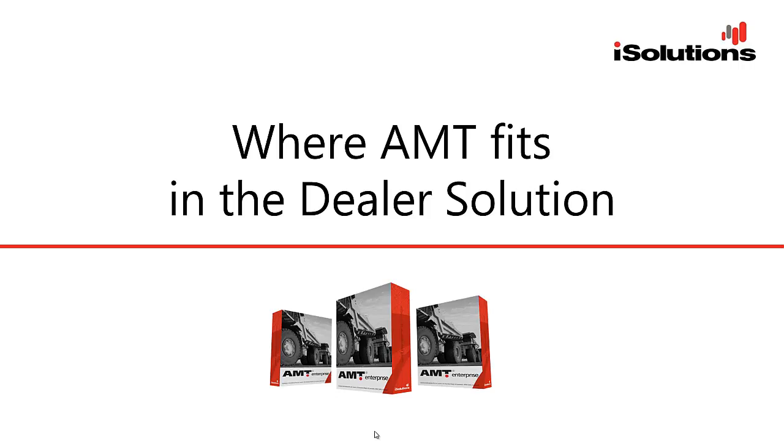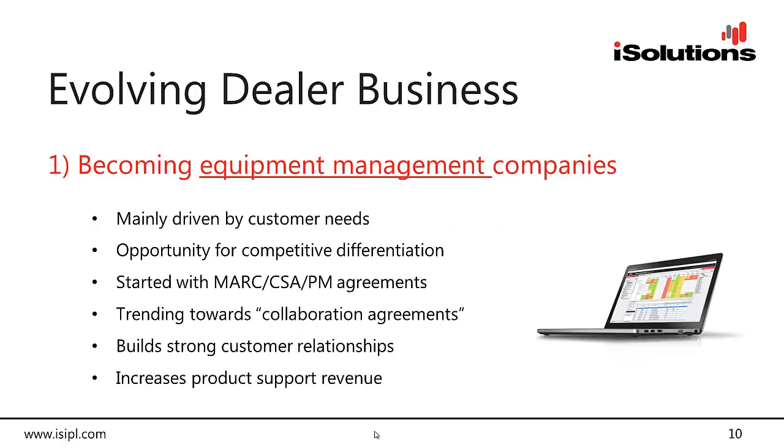So the second part, then, where does AMT fit into the dealer solution? And this is a very high level couple of slides on just where our focus is as a company. So we see that dealers are becoming equipment management companies. A lot of the dealer websites, I'm not sure whether Barloworld has this on it, but often you see dealers now having banners saying the equipment management company and promoting equipment management services.